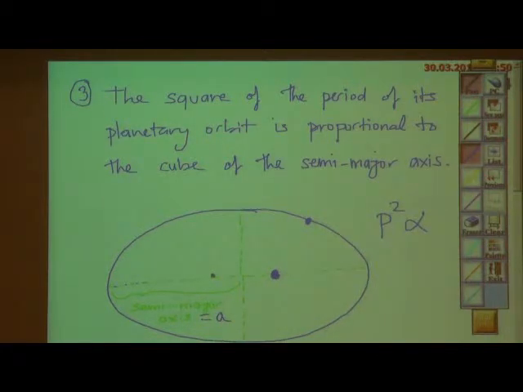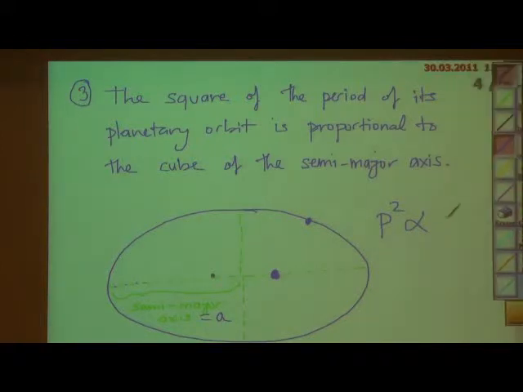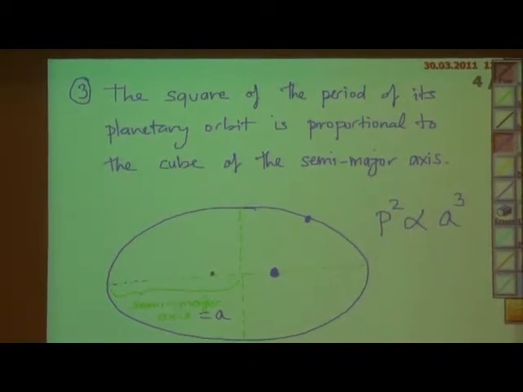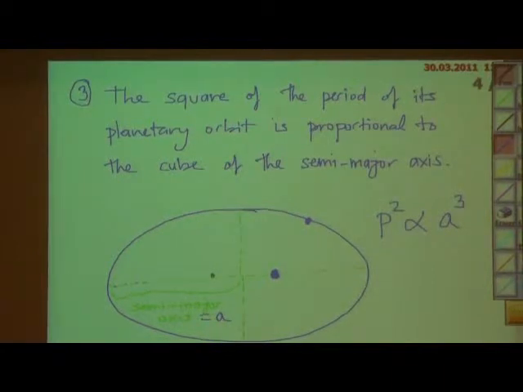Let's label it with A. So P squared is proportional to A cubed. Remember, for a circle, radius is just the semi-major axis or semi-minor axis.